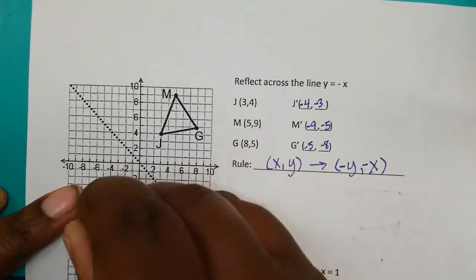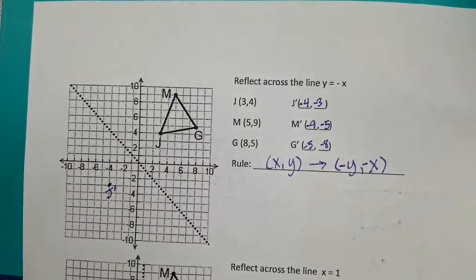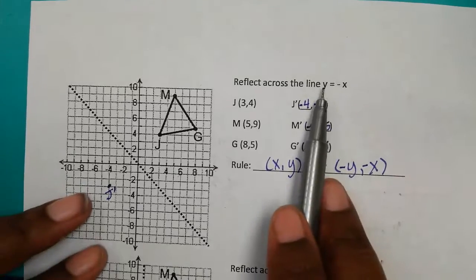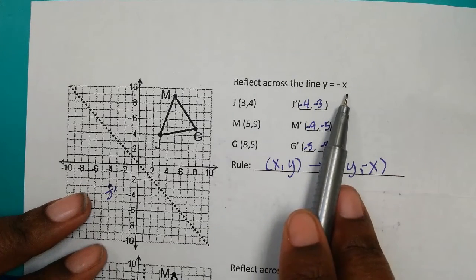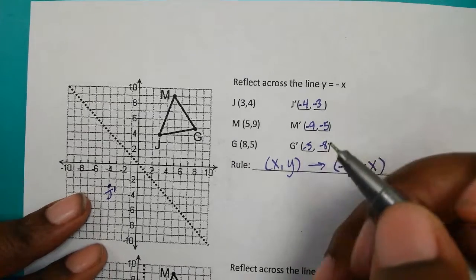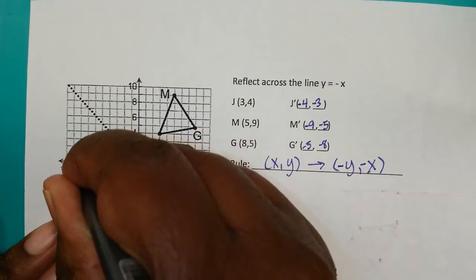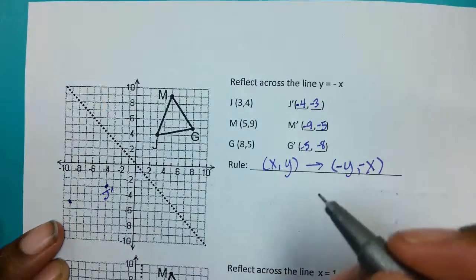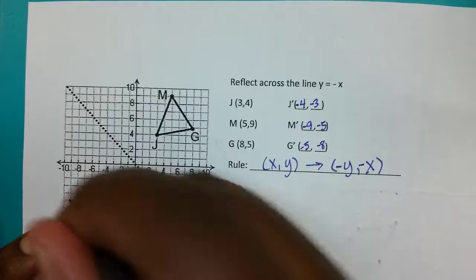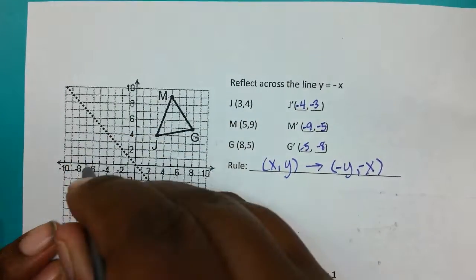With this one, I find it a lot easier to use my rule than to count using my graph. So when it's across y equals x or y equals negative x, I'm going to use my rule. Negative 9, negative 5, and then negative 5, negative 8.